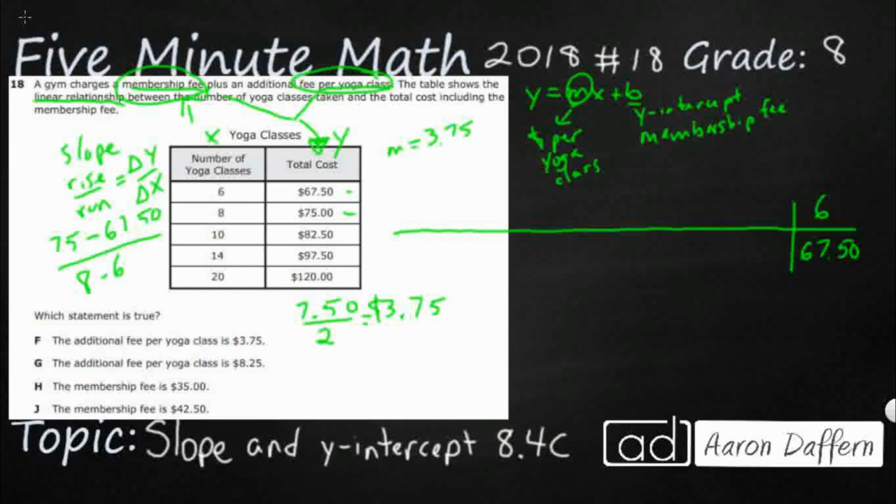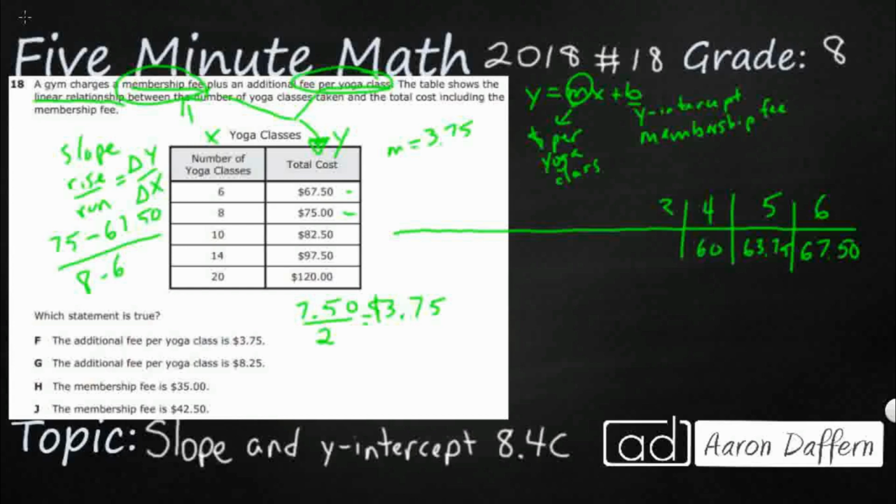So if I take my 5 classes, well, what I'm going to do is I'm going to take my 67.50, and then I'm simply going to subtract 3.75. So let me just do that multiple times. So 3.75, so I'm going to get 63.75. If I get down to 4, let me take away another 3.75. That's obviously just going to be 60.